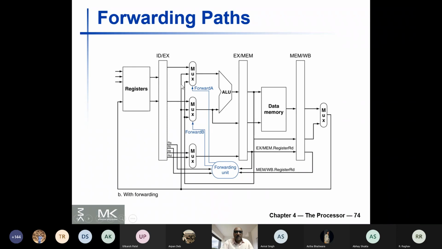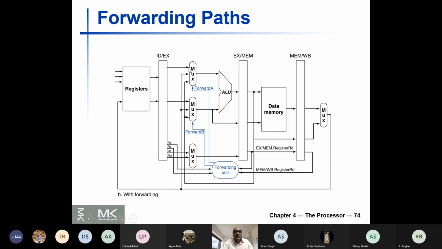So there are two inputs for forwarding, and this is the original one. If the proper data is already available in the register, then this will be enabled. Otherwise, if the data is not available and you require the forwarding data, there are the two possibilities. So here this multiplexer has three inputs, out of which one has to be picked up.